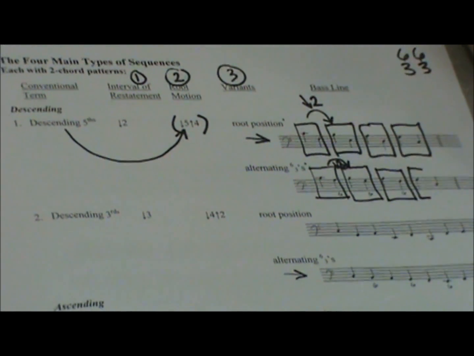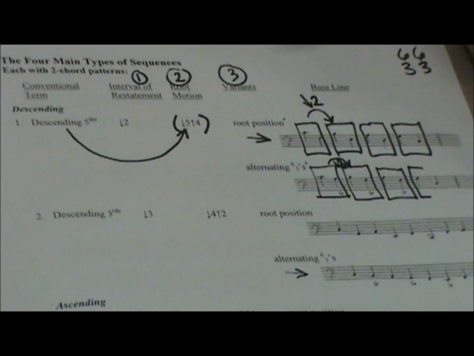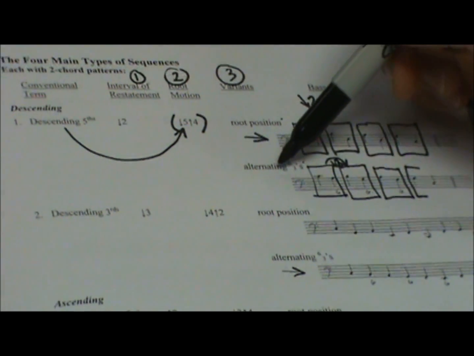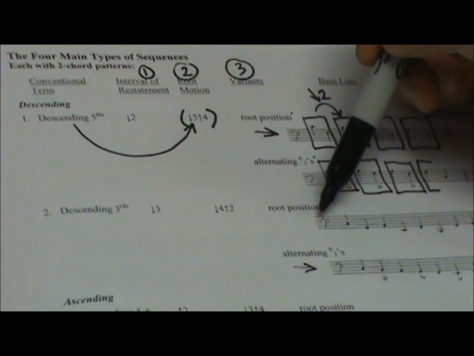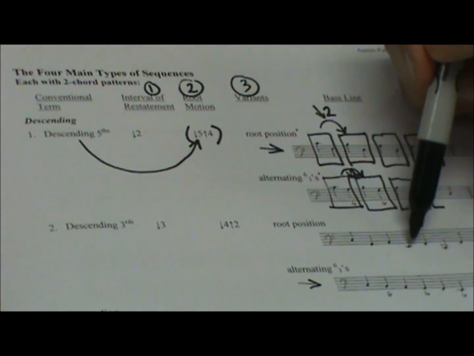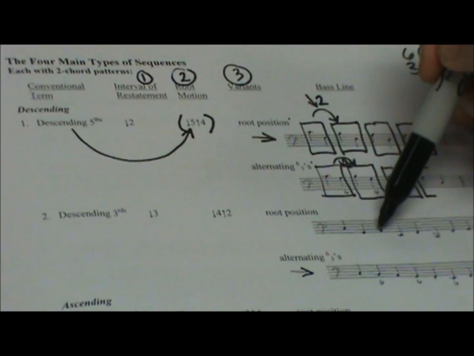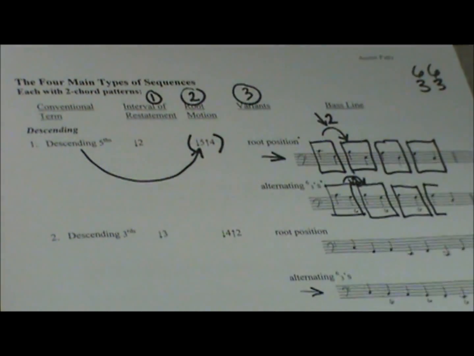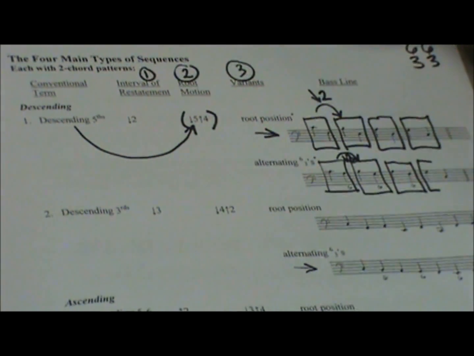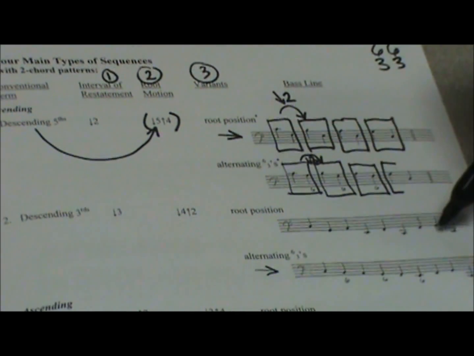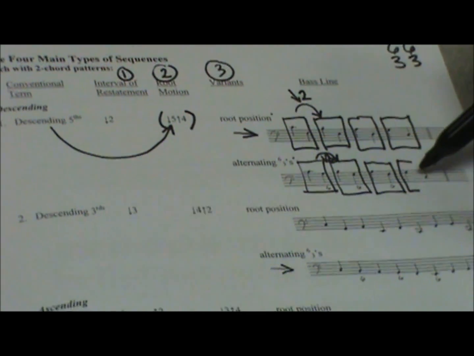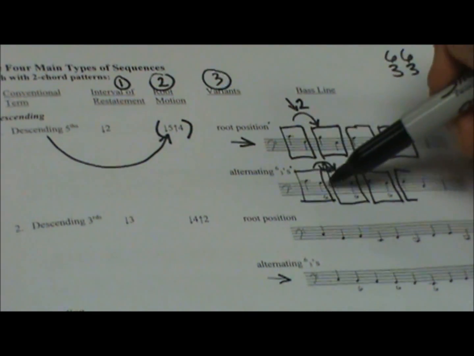Alright, now if I hear a mix of leaps and steps, then I'm going to have to distinguish between this one, the descending fifth 6/3 variant, and the descending thirds in root position. They both go leap, step, and they both have that same contour of going down by a leap and then stepping up. That's not so bad though, because this is the Pachelbel's canon bass line, and this one is just down a third, up a step.